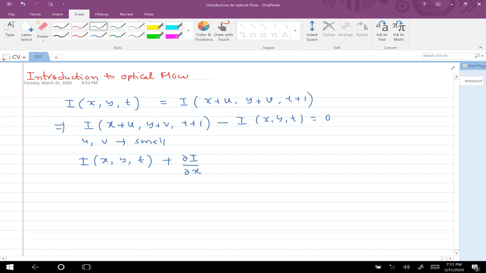I am dropping writing x, y, t here for brevity. In the x direction you have u, plus dou I by dou y, in there you have v, and for t you consider t plus 1 minus t.